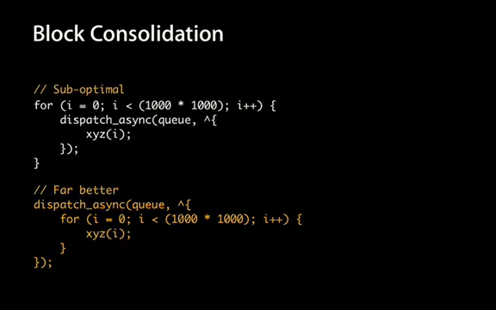Well, the obvious thing to do is just rearrange the loop. If it's a serial queue, just do one dispatch async, do the iteration on the serial queue, and then your code can run a lot faster. There's a lot less ephemeral memory allocation and a lot less dispatch overhead. So we're spending more time in your code.